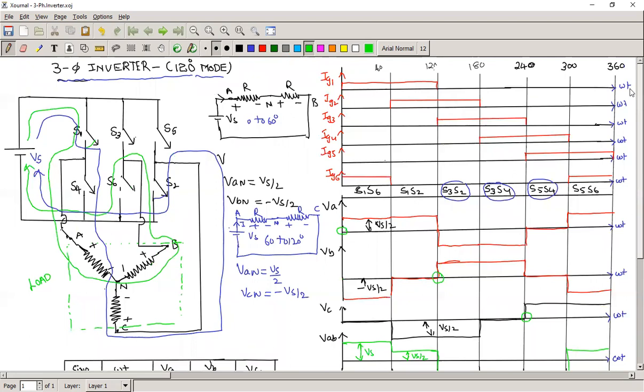The delay angle between any two successive SCRs, nothing but 1 and 2, 2 and 3, is 60 degrees. In that manner, if you apply the base voltage to the switches, the voltage applied to the load is a three-phase voltage. That we have proved here. But this voltage is not a pure sine wave. If we do the Fourier analysis for the phase voltage and line voltage, it has some amount of harmonics.